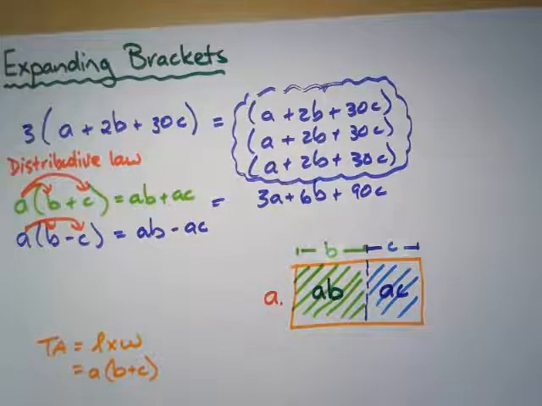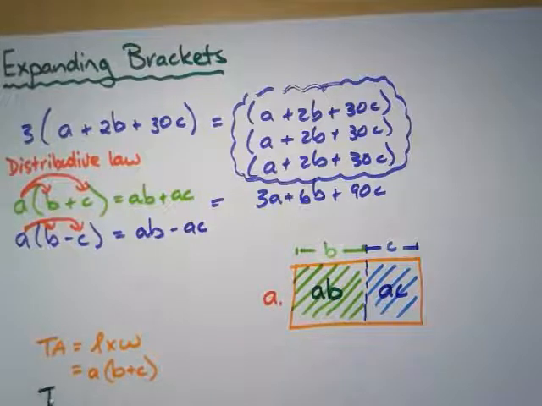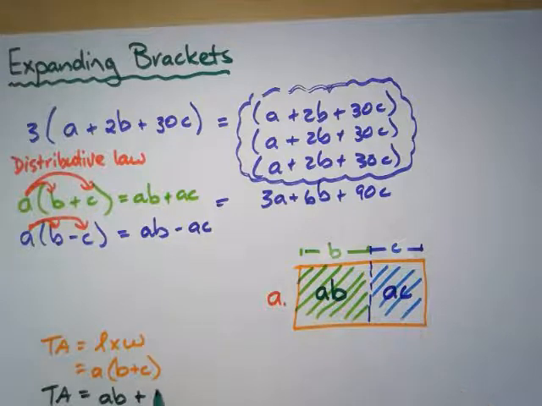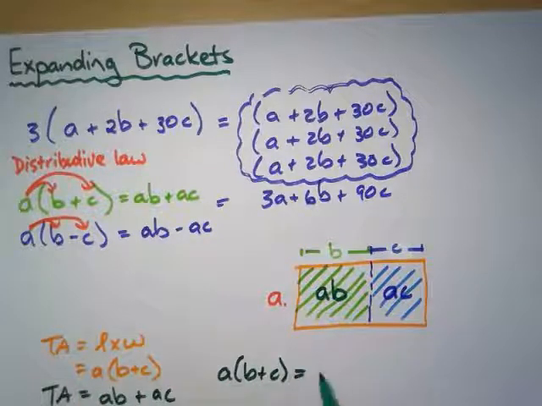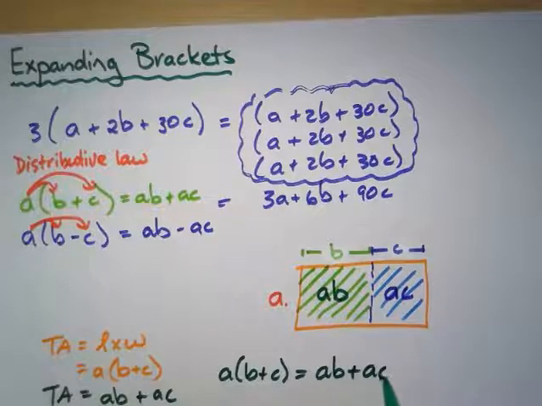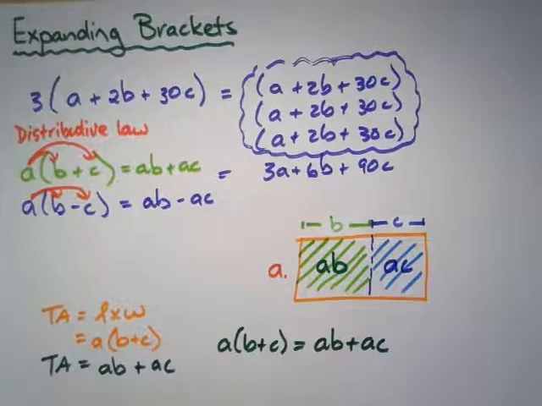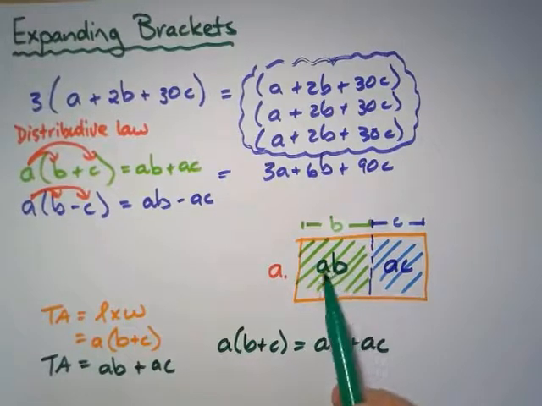So that total area also equals AB plus AC. So what do we see? We see that A times B plus C equals AB plus AC. Okay, so that's the way of proving it. The area there is the same as the area of the total on the outside.